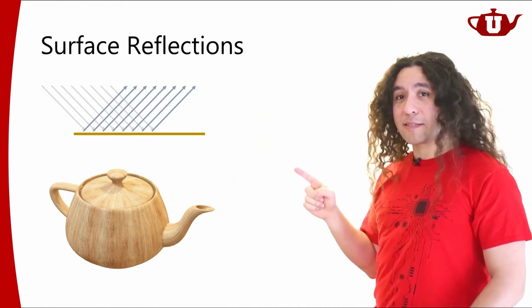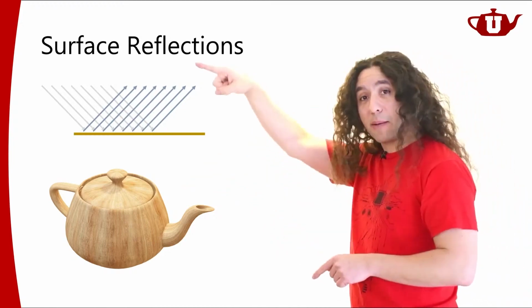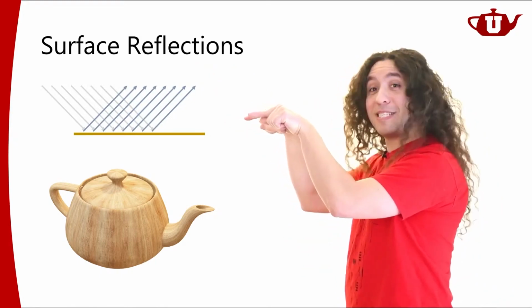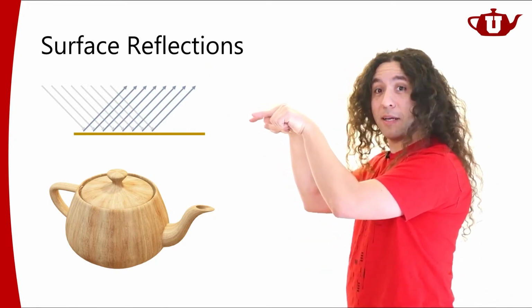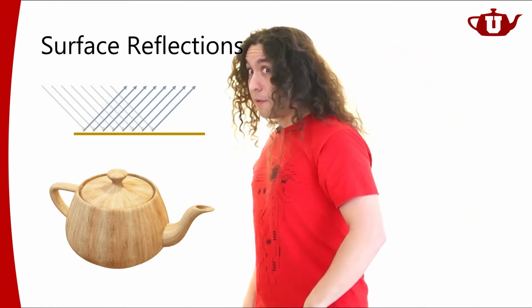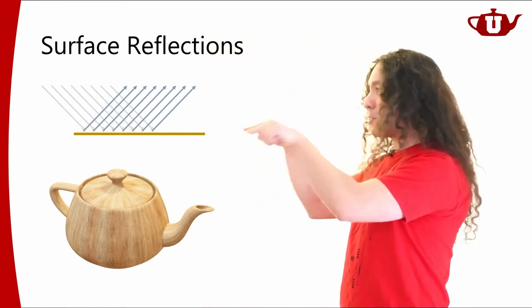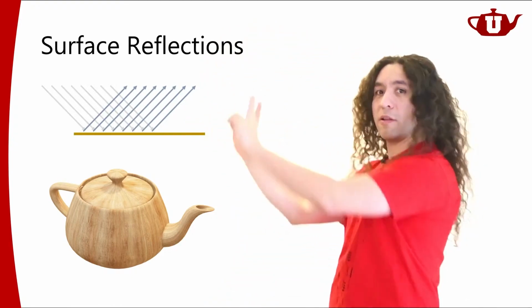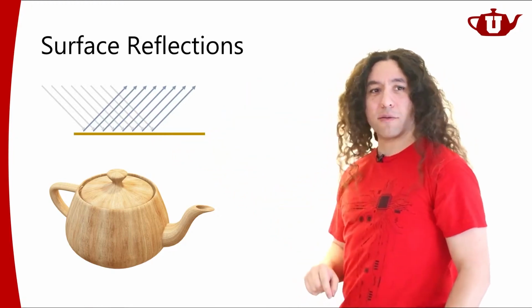If that is the case, and light is coming from that direction, and I'm looking at it from this direction, I am not going to be seeing anything, right? I can only see something if I'm looking from this direction. Over here, I won't be able to see anything because no light is reflected towards me. All light is reflected in that direction.